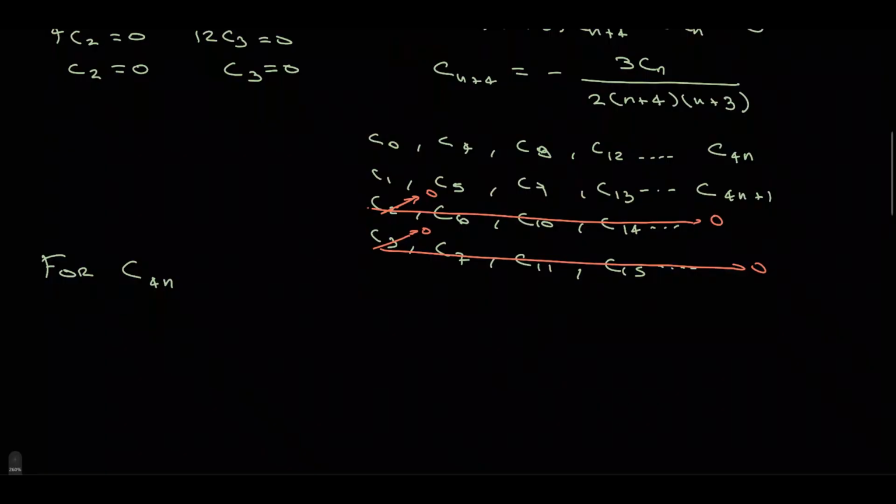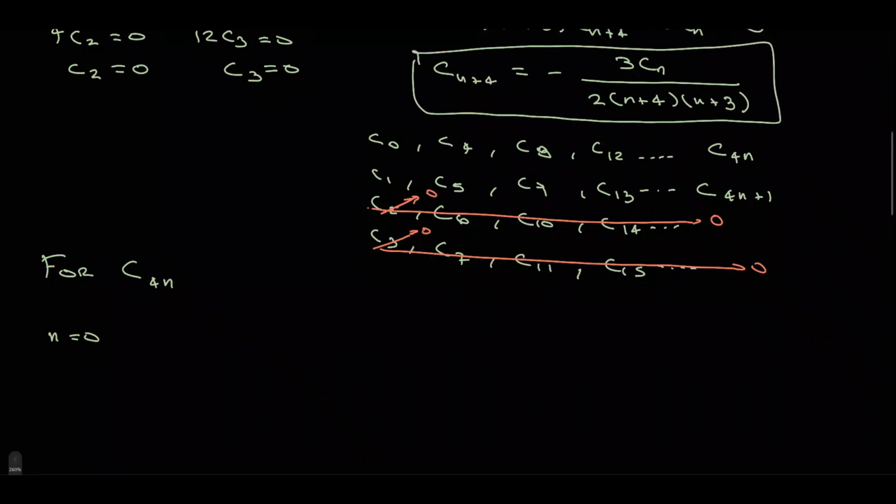For n equals 0, using the recurrence relation, which, by the way, let me box it, c sub 0 plus 4, that equals c sub 4, equals negative 3 c sub 0 divided by 2 times 0 plus 4, which is 4, times 0 plus 3, which is 3.